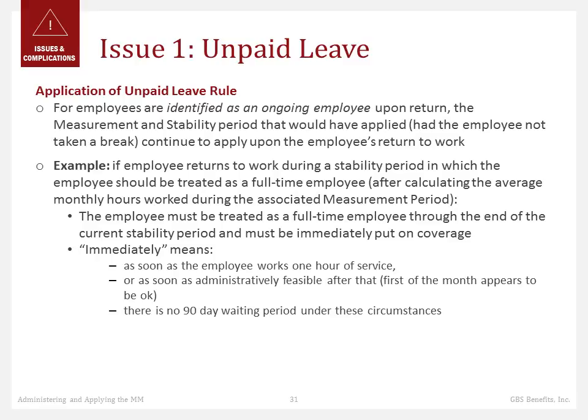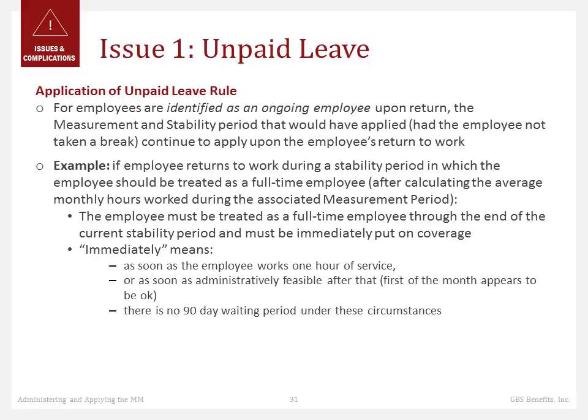And what you need to do is put them back in whatever measurement they were in when they left, and that would continue to apply as if they hadn't been gone. In other words, if an employee returns to work during a stability period in which the employee should be treated as full-time, after calculating the average of monthly hours, of course, which you would need to do when they return, the employee must be treated as a full-time employee through the end of the current stability period and must be immediately put on coverage.